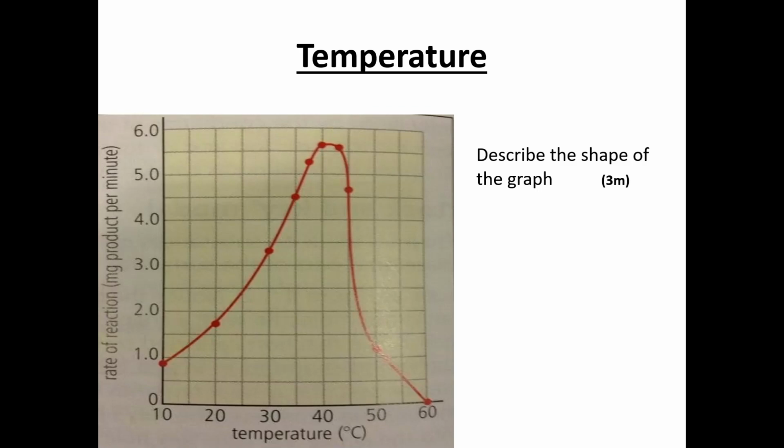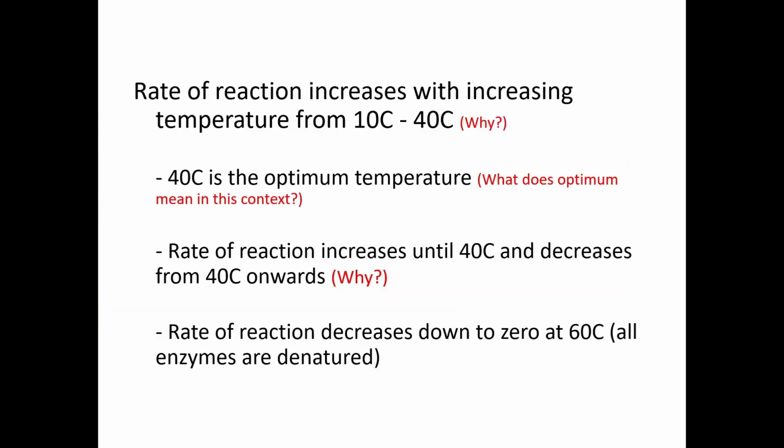After that, it drops down, and the activity slows down drastically because it has crossed its optimum temperature and denatures. So from here, the temperature increases from 10 to 40 degrees. 40 degrees is the optimum temperature, meaning this is where the enzyme works best. The rate of reaction increases until 40 degrees and then decreases because it slows down. The rate of reaction decreases to 0 at 60 degrees, meaning all enzymes denature. What it means by denature again, dies.